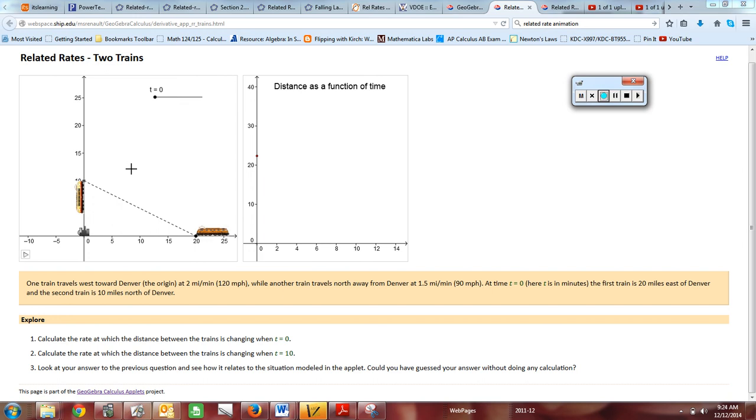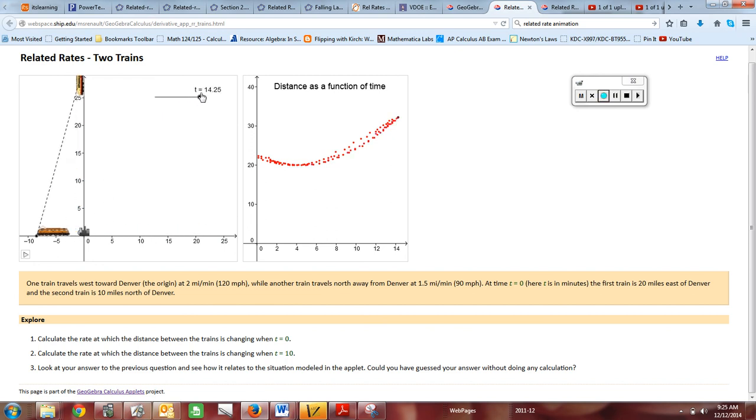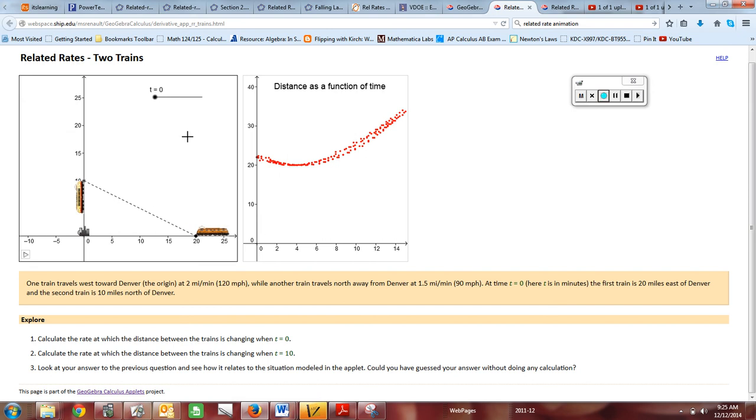So just like in the problem that we did with the cars, we'll do the little illustration here, showing that as we move through, the distance is changing over time. Now, this is not a perfect curve because I'm varying my speed a little bit as I go, but you can see that in the beginning, the trains are getting closer together, and then they're getting farther apart.